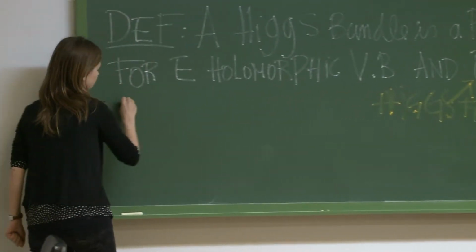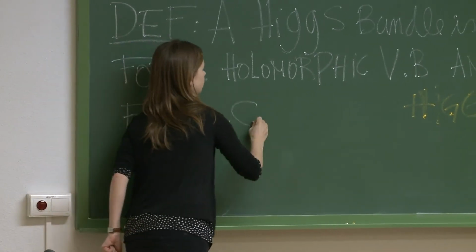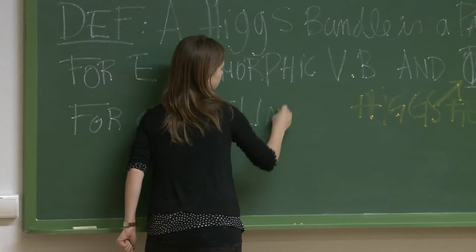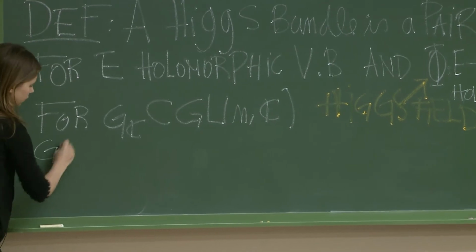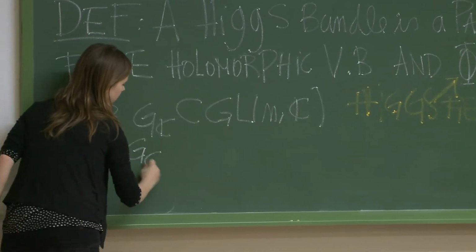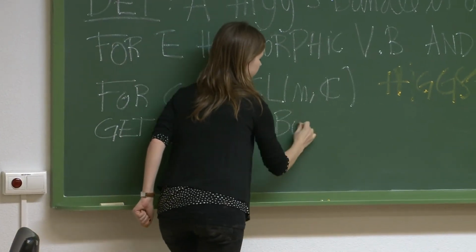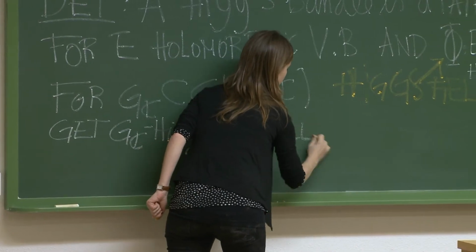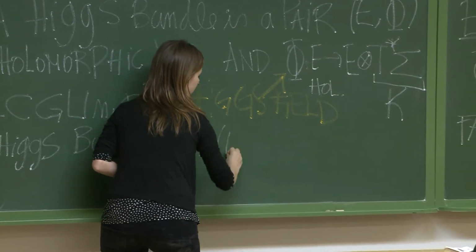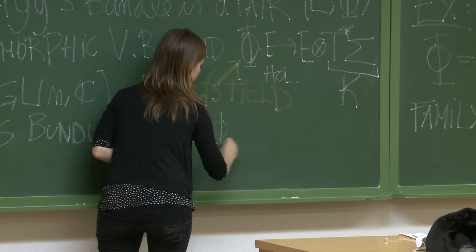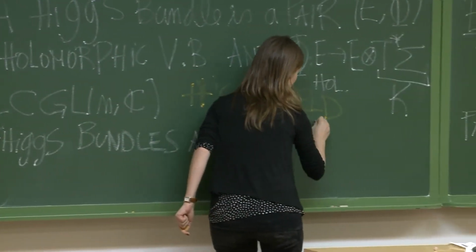And that's in the case when the group G_C is a subgroup of GL_n C, we can define G_C Higgs bundles as simply these pairs (E, phi) plus extra conditions given the nature of the group.